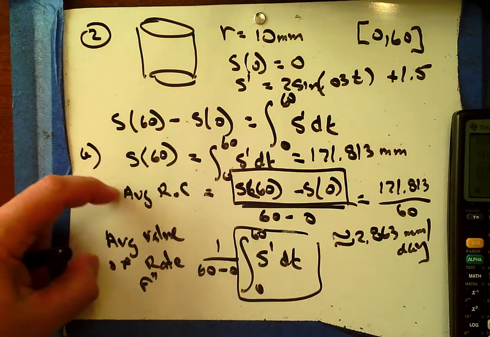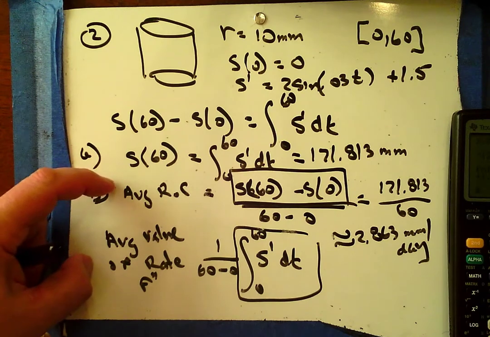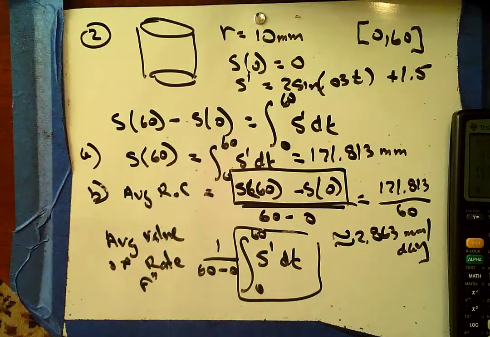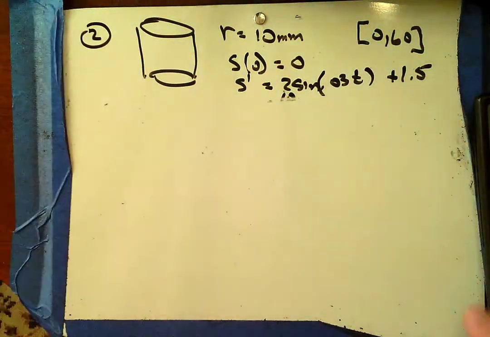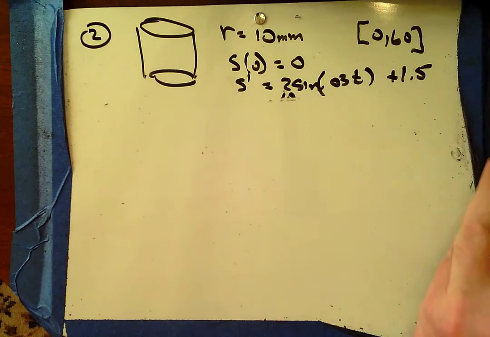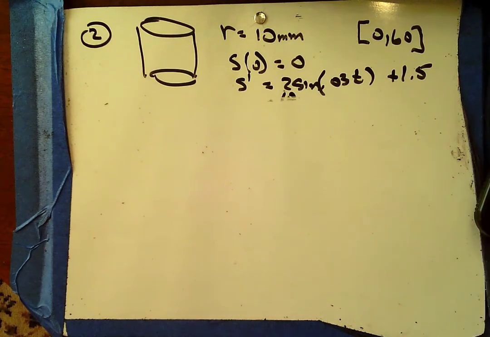So you can mentally perceive the problem in these two different ways. Okay, so there's part B. Part C says, assuming no evaporation occurs, at what rate is the volume in the can changing at t equals 7?